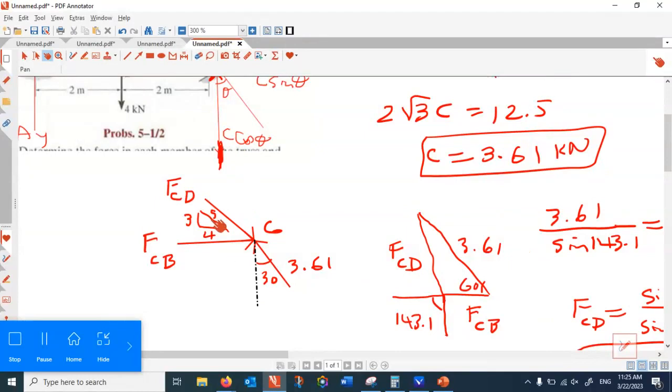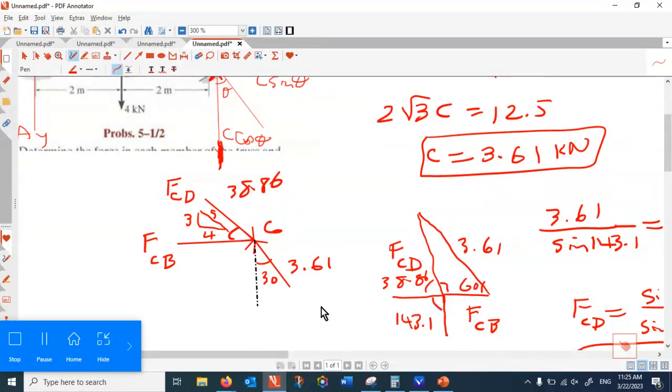And then this one is parallel to this member, so with this angle you get 36.86. Take away from 180, that you get a 143 angle inside. These are back to back equal angles.